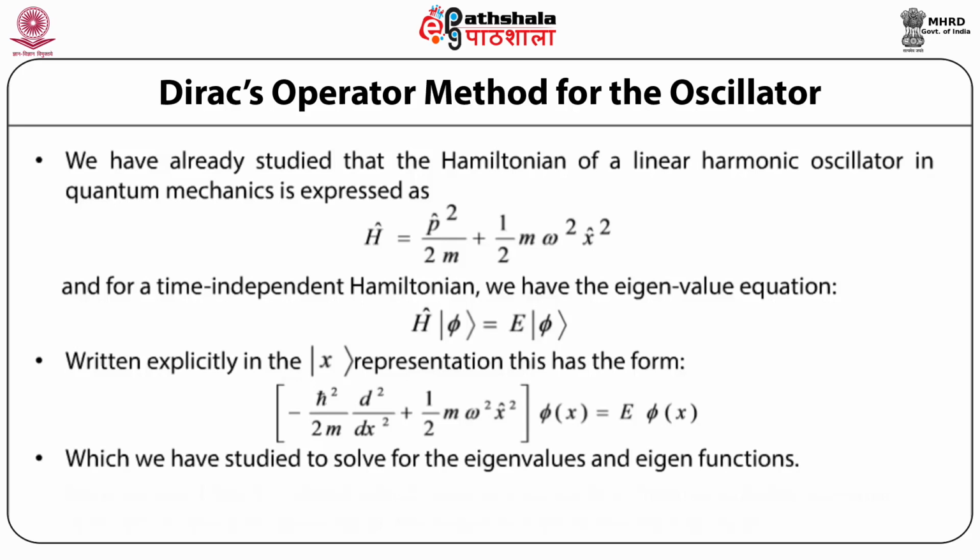Here h cross is h by 2 pi, where h is the Planck's constant, m is the mass, omega is the angular frequency, operator x is the position operator, phi x is the wave function or the eigenvector, and E gives the energy eigenvalues corresponding to the eigenvector phi x.